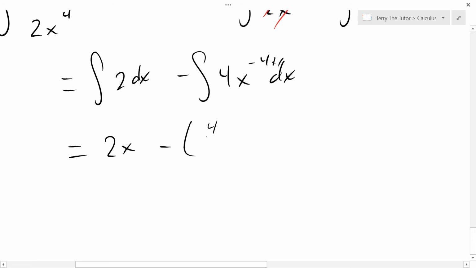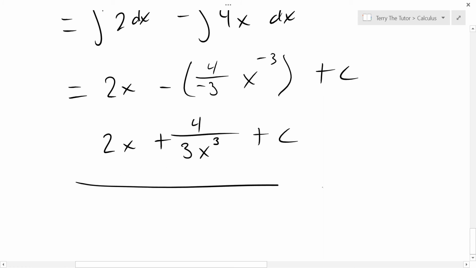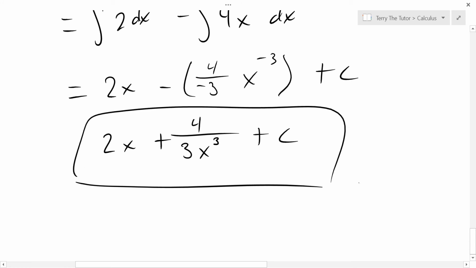So we've got 4 over negative 3 x to the negative 3 plus c, or 2x plus 4 over 3x to the third plus c. That's how I'd leave my answer.